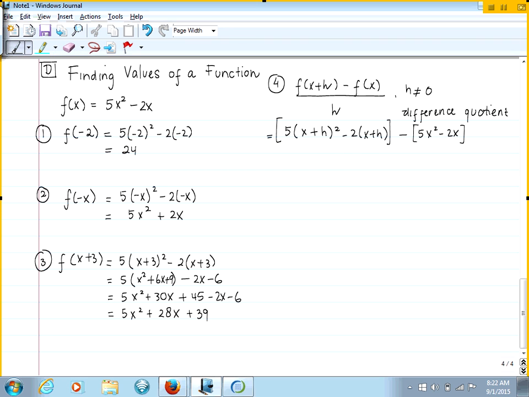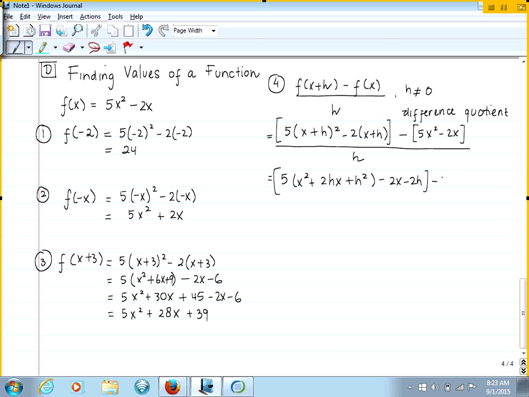Divided by h. So let's see what is this? What is x plus h squared? So 5 times x squared plus 2hx plus h squared minus 2x minus 2h.